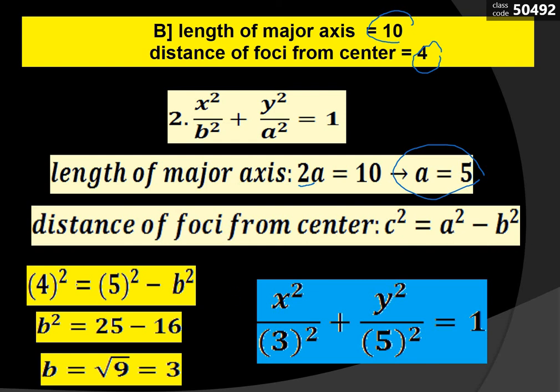And by substitution, c is given as 4. So we inject c in here. So we have 4 squared. The a is 5. But we don't know the value of b. In this case, we can solve for b.